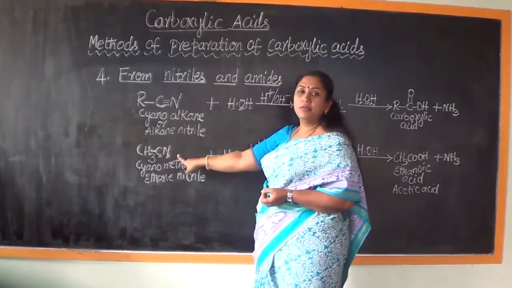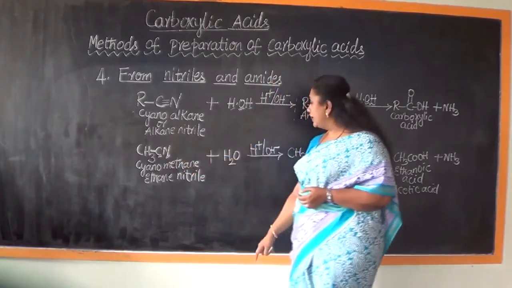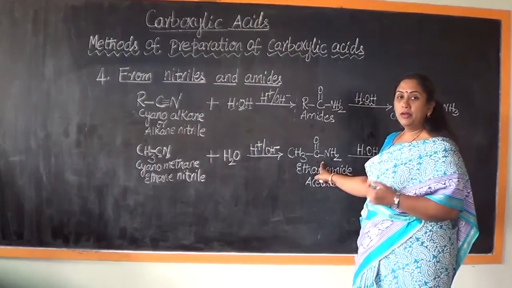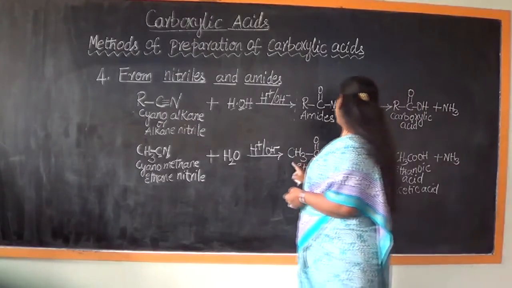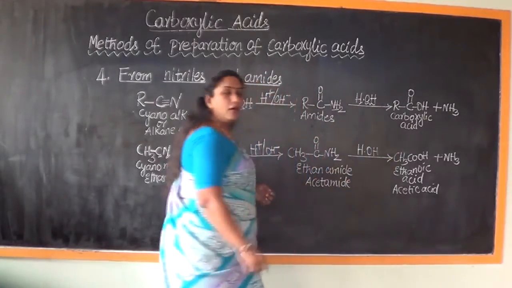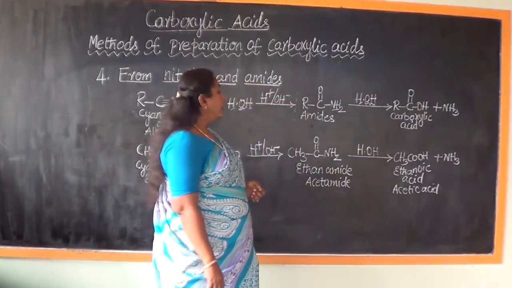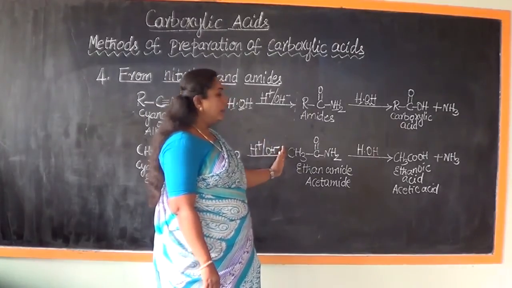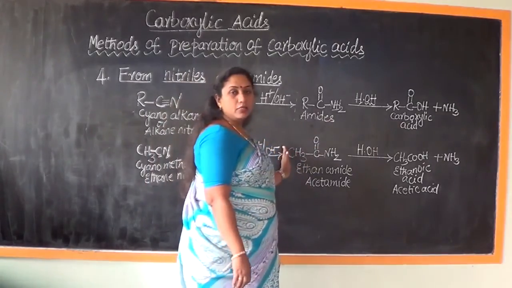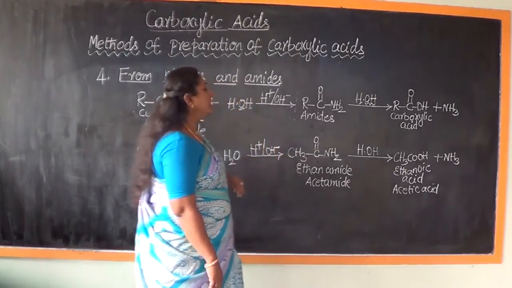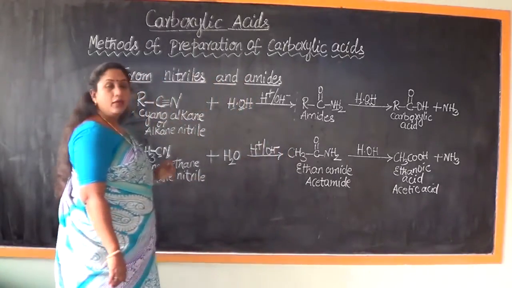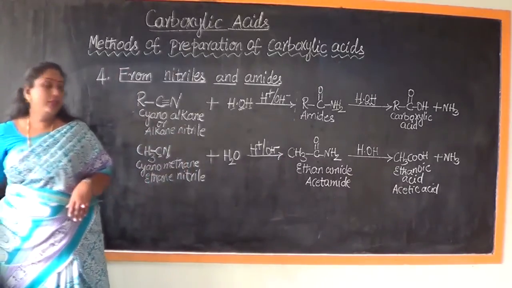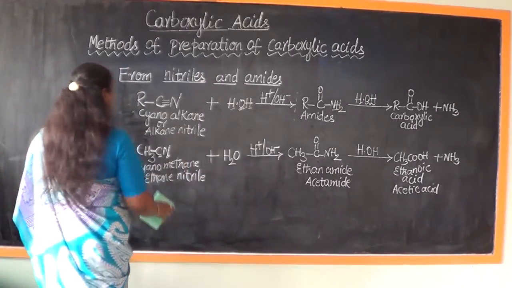Step 1 is conversion of the cyanoalkane or the alkane nitride into amide. Step 2 involves the conversion of amide into the corresponding carboxylic acid. Now if they ask the question for you to write from amide, start from here only and end it at carboxylic acid.